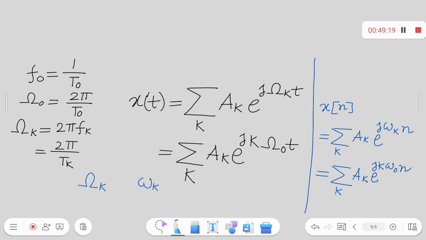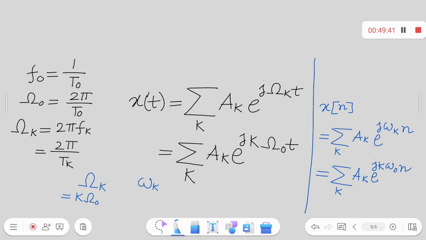This capital omega_k is represented as a multiple of the fundamental frequency, and these are known as the harmonics.